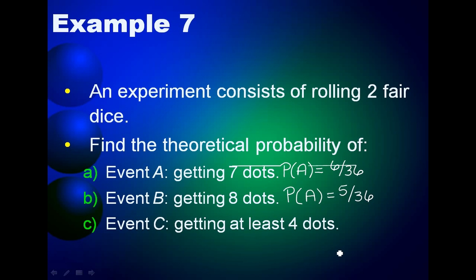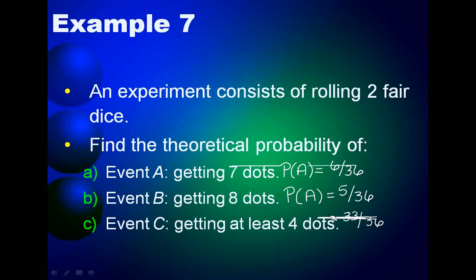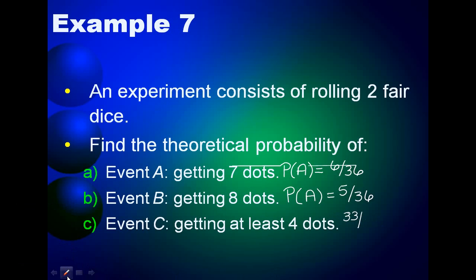So there are 3 possible ways. So 36 minus 3 is 33 out of 36. If you went the other way and counted all of those, you would still get 33 over 36. I just went the opposite direction and subtracted those that were not included.